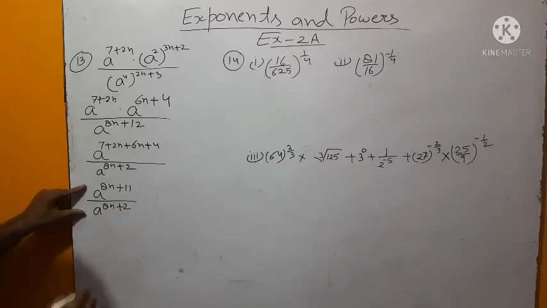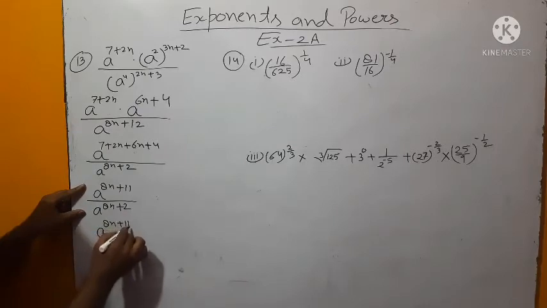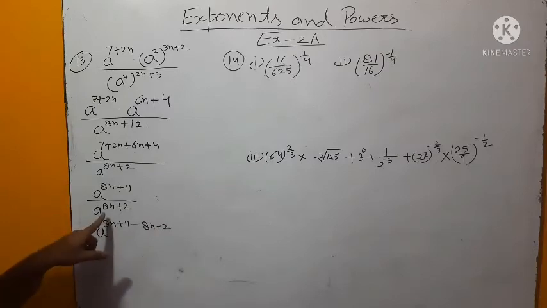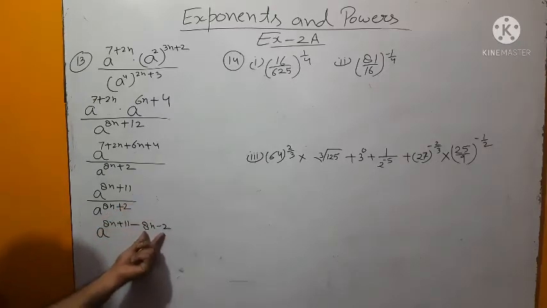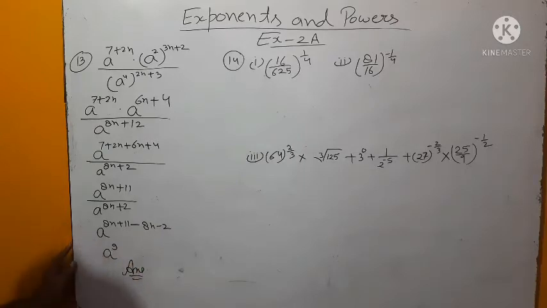Now in the case of division you have read that 8n plus 11 minus 8n minus 2. When this a to the power 8n plus 2 will go to the numerator, the exponents will subtract it to each other, so sign will be changed. 8n minus 8n becomes 0, 11 minus 2 is 9. So a to the power 9 will be your answer.